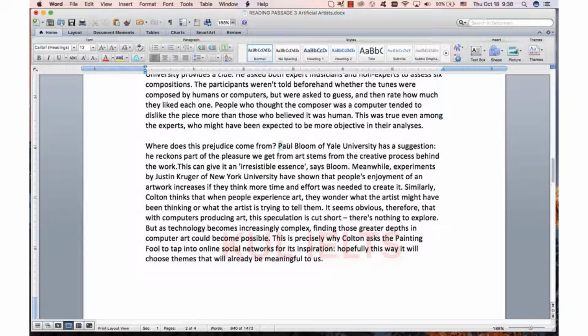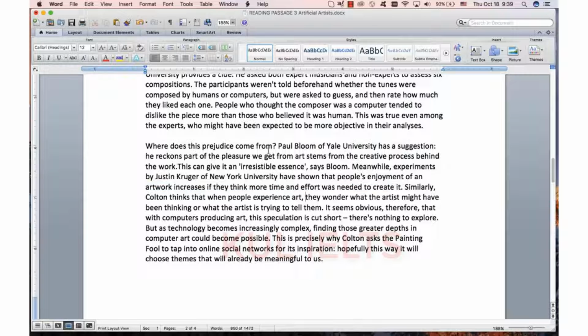And Paul Bloom says part of the pleasure we get comes from the creative process. We like art because of the process that's gone into it, the time and the energy and the work that's gone into it. And he says we like the artwork if more time and energy has gone into it.